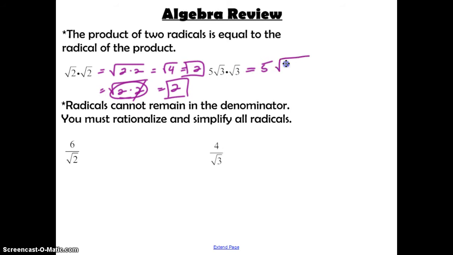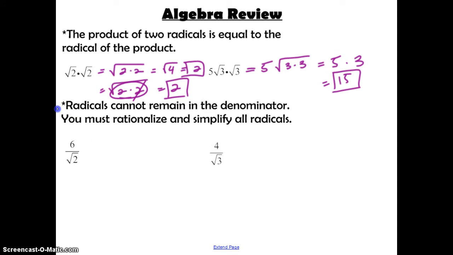So we get 3 times 3. And again, we run into this dilemma of 3 times 3. Now you can evaluate it both ways, but we know that the square root of 3 times the square root of 3 is going to equal 3. So we end up with 5 times 3, and our final answer is going to be 15.